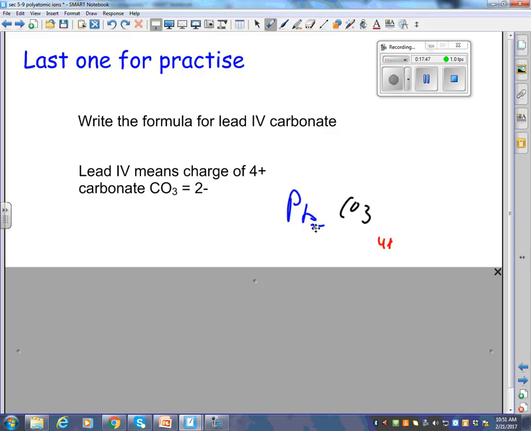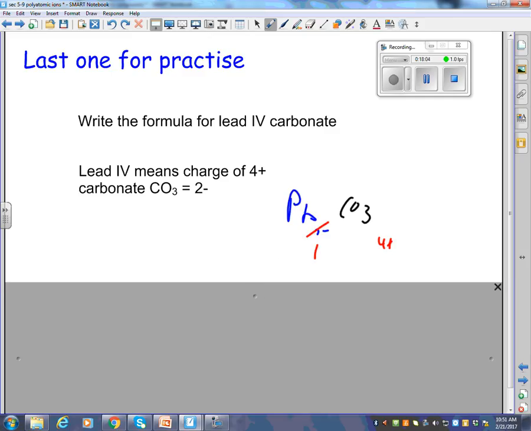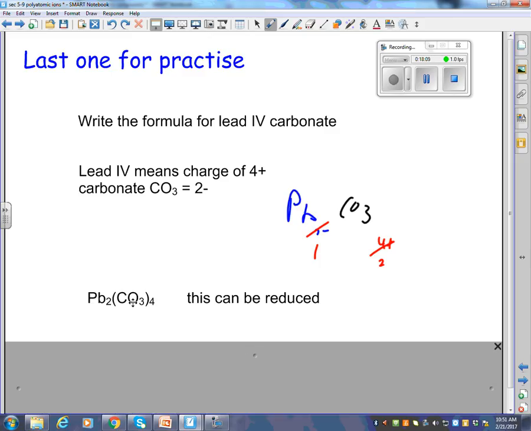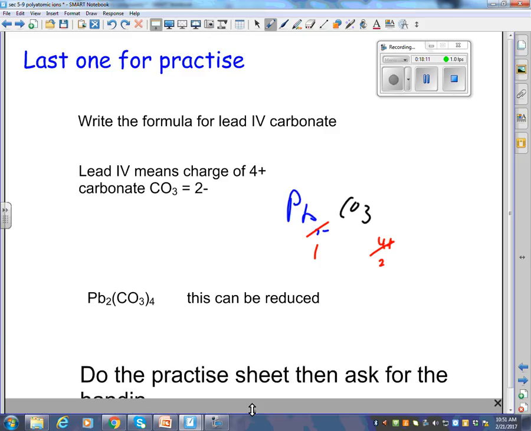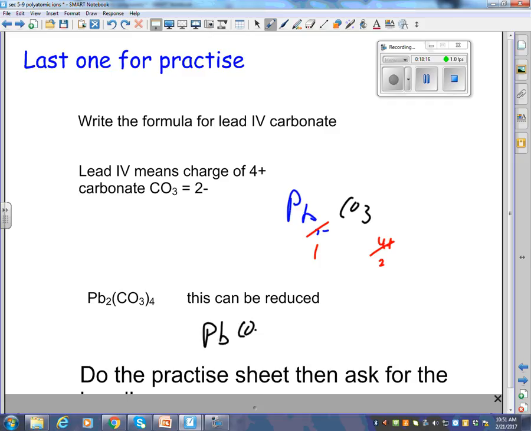Now what happens when you have a 2 and a 4? Would you write Pb2(CO3)4? Or is it kind of like fractions where you can reduce? It's like fractions where you can reduce. So I don't need the 2 and the 4. It, in fact, becomes a 1 and a 2. So your formula is going to be, the Pb2(CO3)4 can be reduced down to PbCO3 2. Right?